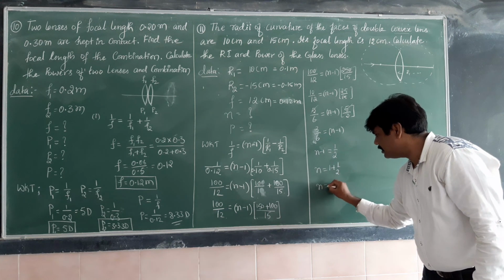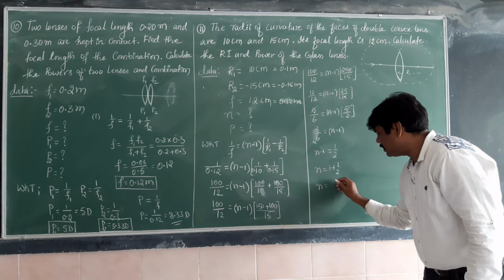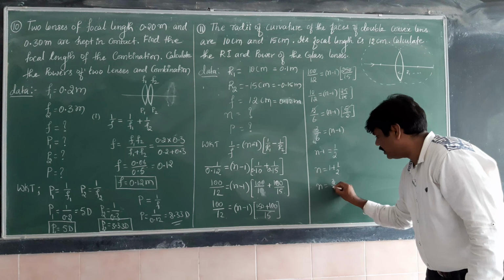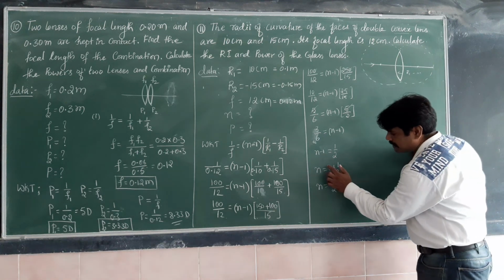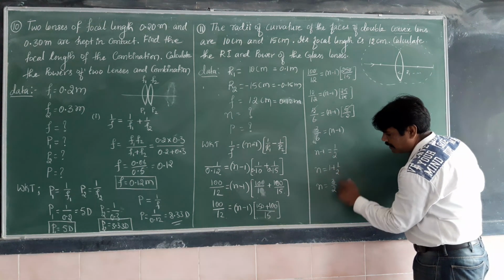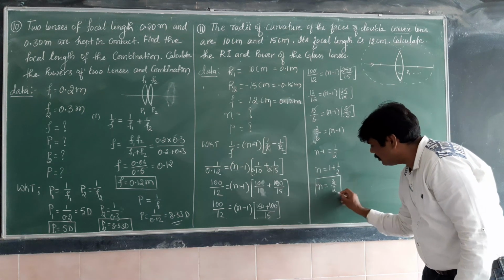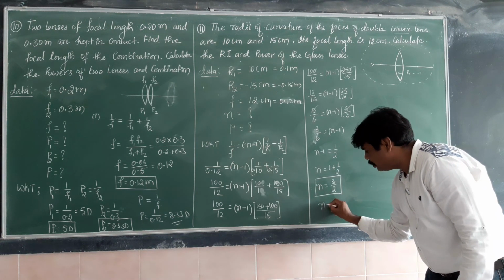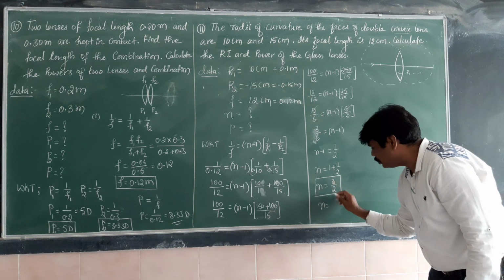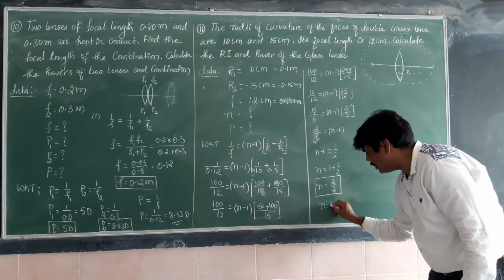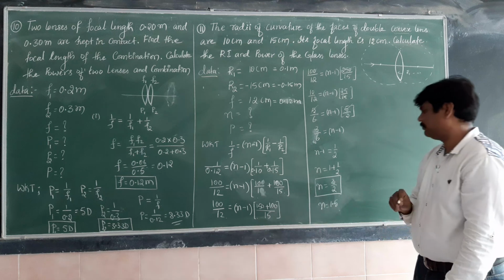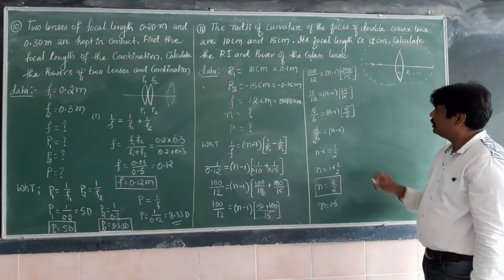The refractive index n is equal to 1 plus 1 by 2, which is 3 by 2, taking the LCM. The refractive index of glass is 3 by 2. In fraction value, 3 by 2 is 1.5.